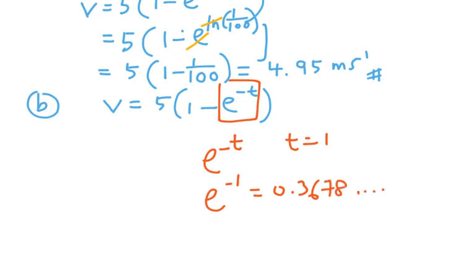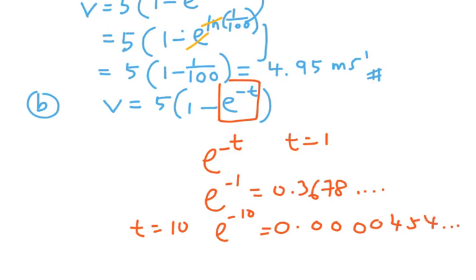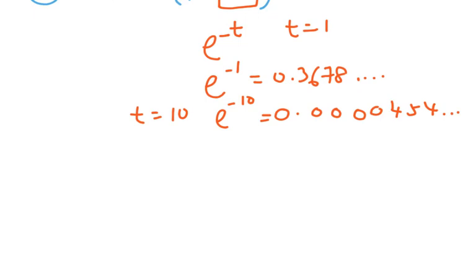Okay, so if the t value is equivalent to 10, exponential of negative 10 will give you 0.00000454 and so on. Continue, if you want to try exponential of negative 12, it will give you 0.0000000614 and so on.